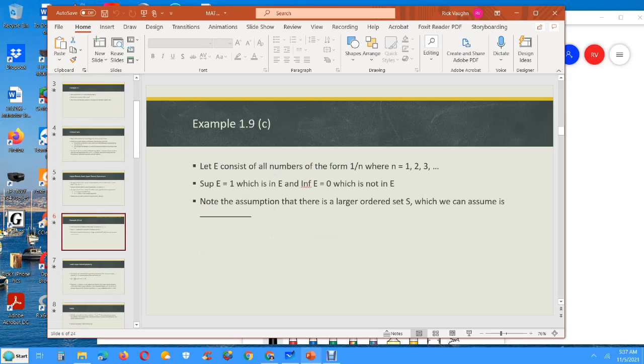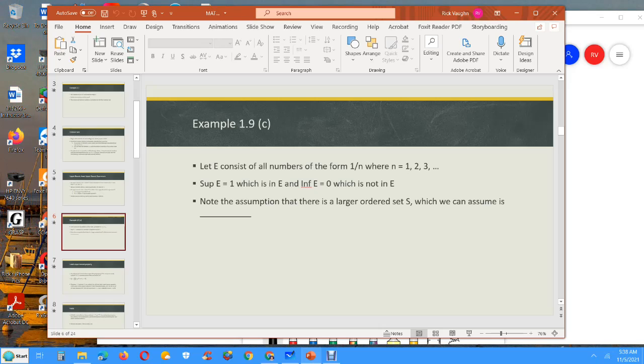This is an example: if you take numbers of the form 1 over n, then the supremum, the least upper bound, is 1, because 1 over 1 is in the set, and it's the biggest fraction of this form. You get 1 over 1, 1 over 2, 1 over 3. They become smaller and smaller towards 0. So 0 is the greatest lower bound.